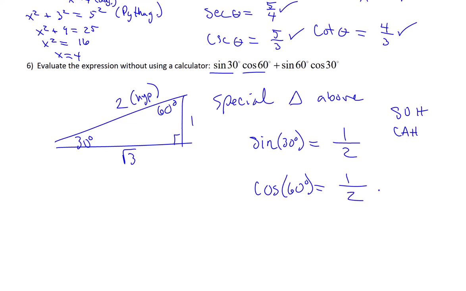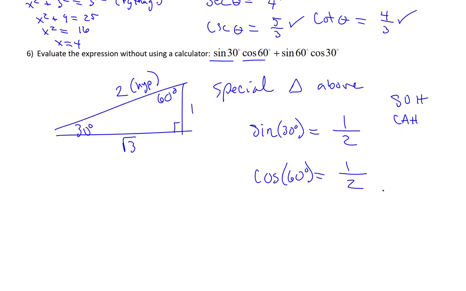All right, so far we have sine of 30 and cosine of 60. We also need the sine of 60. We've already used sine as opposite over hypotenuse, but now we're using it with a different angle. The first time it was 30 degrees, now we're working with 60. If you go to the 60-degree corner, opposite of that would be root 3. That's looking across from where that 60-degree angle is.